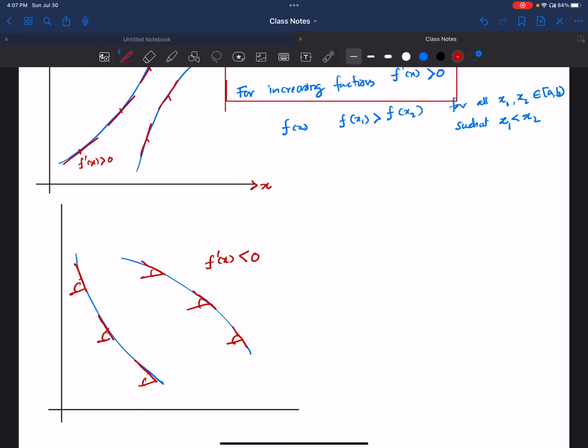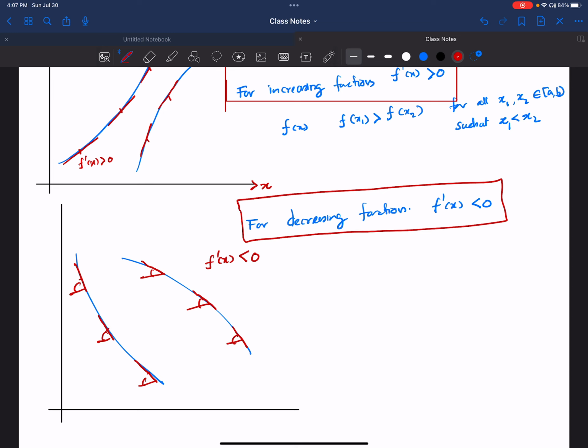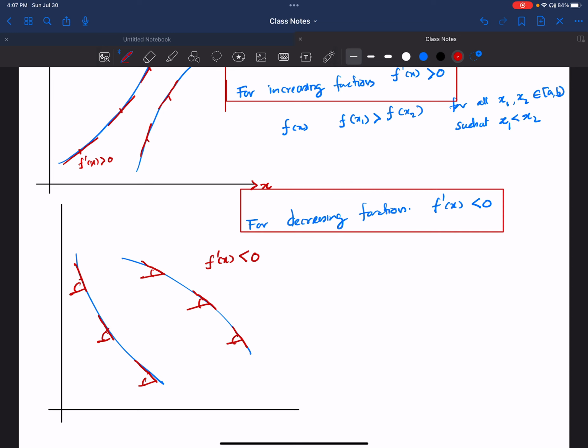So for decreasing functions, f prime of x is less than 0.